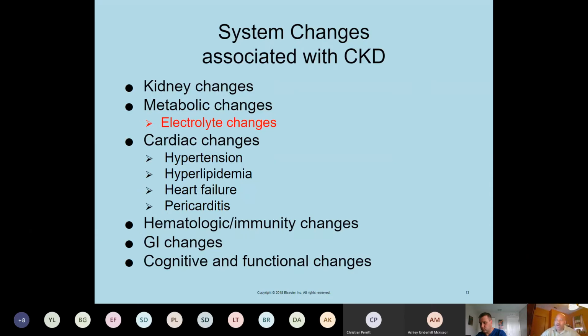So when the GFR is greatly reduced in these patients who have CKD, there are many problems that will ensue. These patients have abnormal urine production. They have severe disruption of their fluid and electrolyte balance. And also they have metabolic abnormalities as well. So they have a lot of problems.